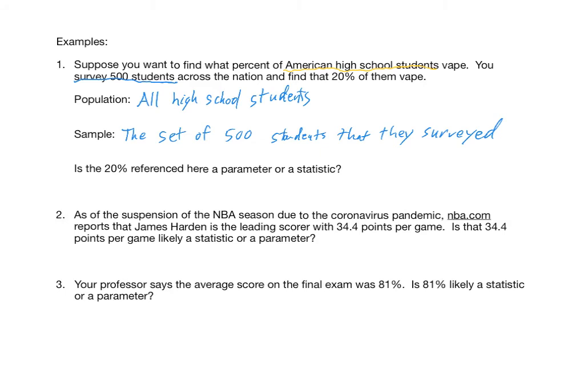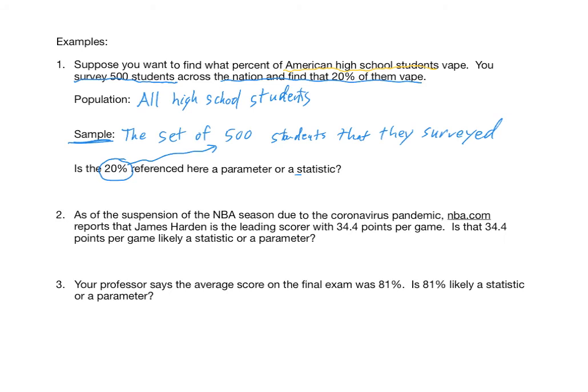Now, there's also something in here where it says they found that 20% of the students vape. Is that 20% a parameter or a statistic? Did that computation, so 20% is 1 in 5, did that come from the sample data or population data? Well, this is where it came from. It came from these 500 students. Since it came from these 500 students, these 500 students make up the sample.